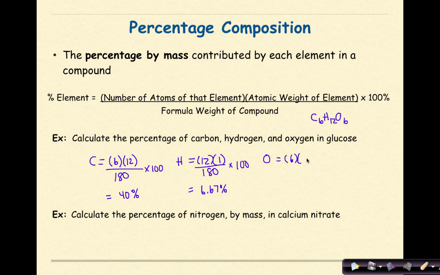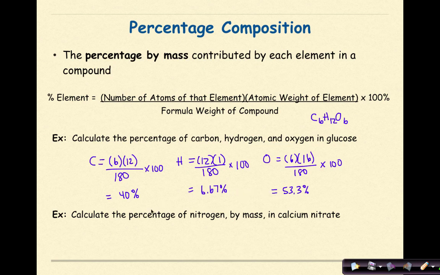The atomic mass of oxygen is 16. I divide the whole thing by 180. And then again multiply by 100. And when I work this out, I get roughly 53.3%. And in a perfect world, when I add these all together, I should get near 100%.